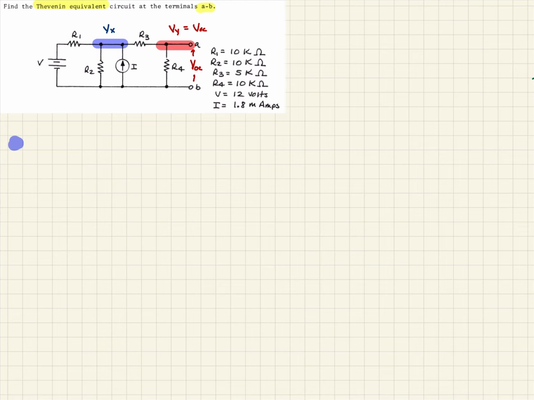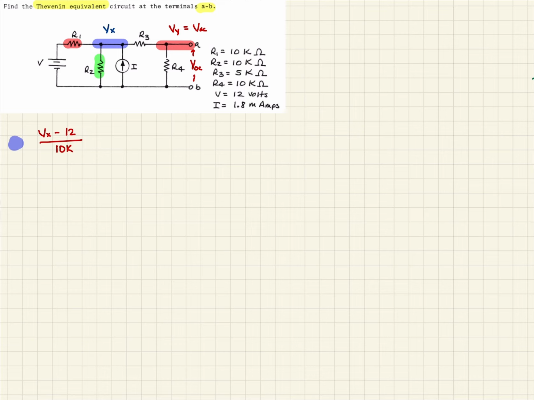So then as we come across, we will see we have this R1 first, and so the current leaving the node, which we're saying leaving the node is positive, we can write that then as Vx minus V, which we see is 12, and then that's over R1, which we see is 10K. So that's our R1. So moving down the line here, we've got this R2.